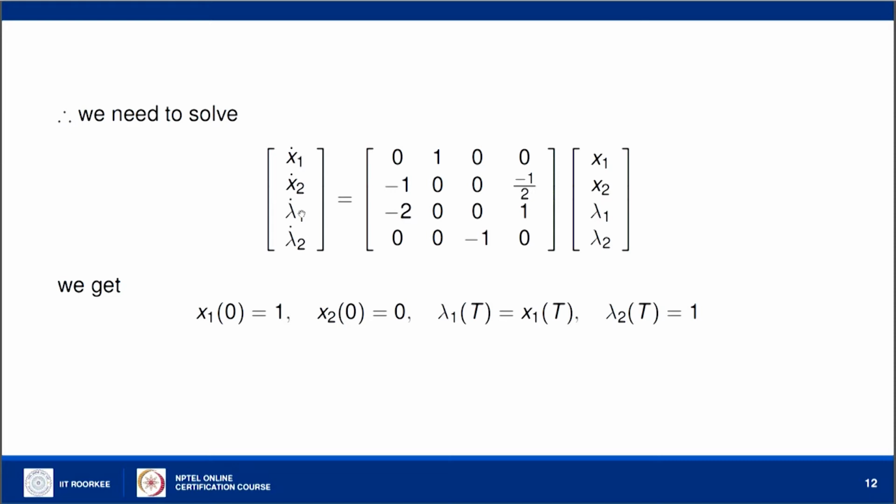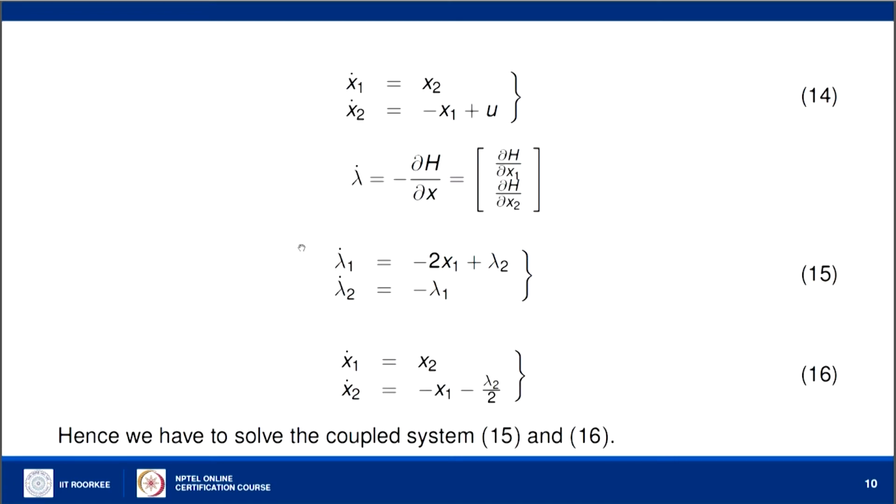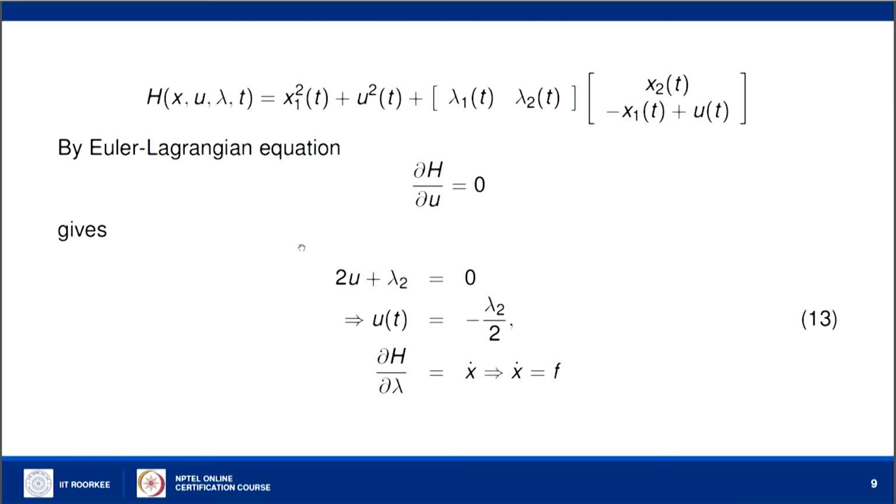In solving this equation we get the values of x1 of t, x2 of t, lambda 1 of t, and lambda 2 of t. After getting lambda 2 of t, we substitute it in equation 13, u of t equal to minus lambda 2 by 2.